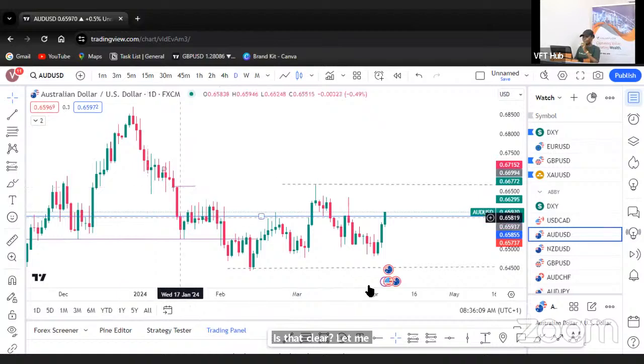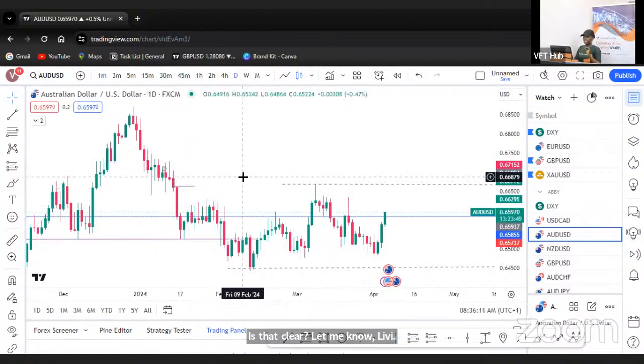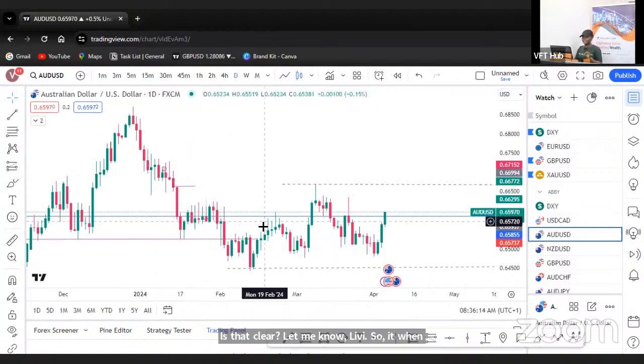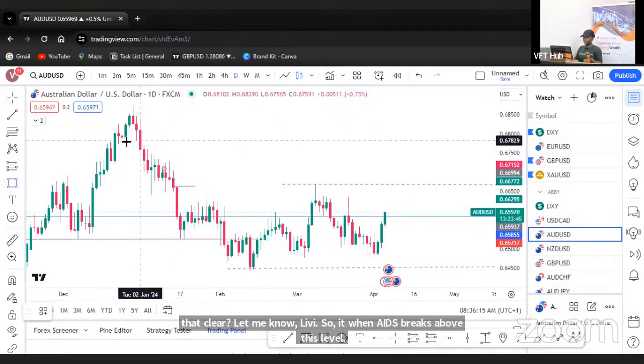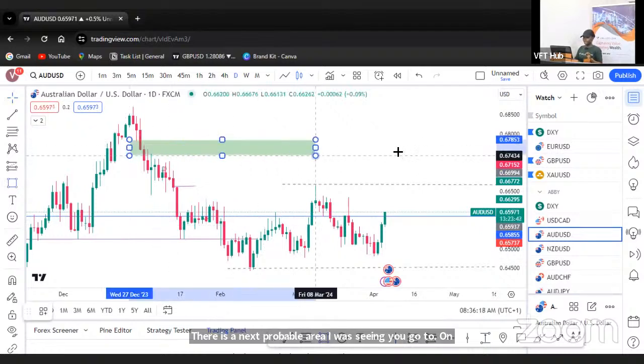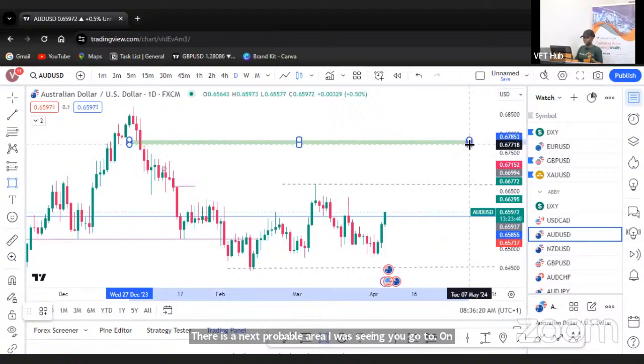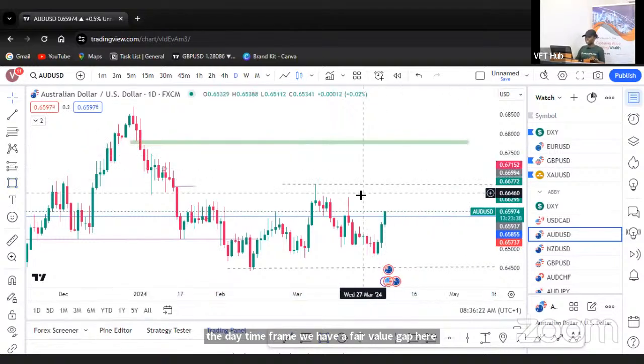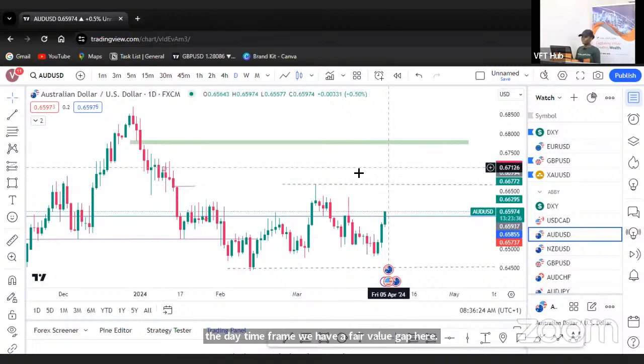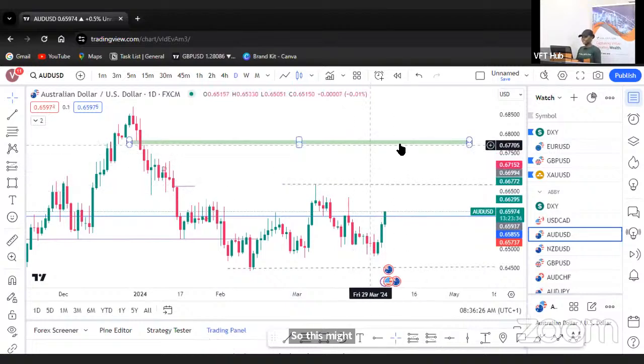So when AUD/USD breaks above this level, where is the next probable area we're seeing it go to? On the daily time frame, we have a fair value gap here. So it might break above here and then most likely trade all the way into this level.